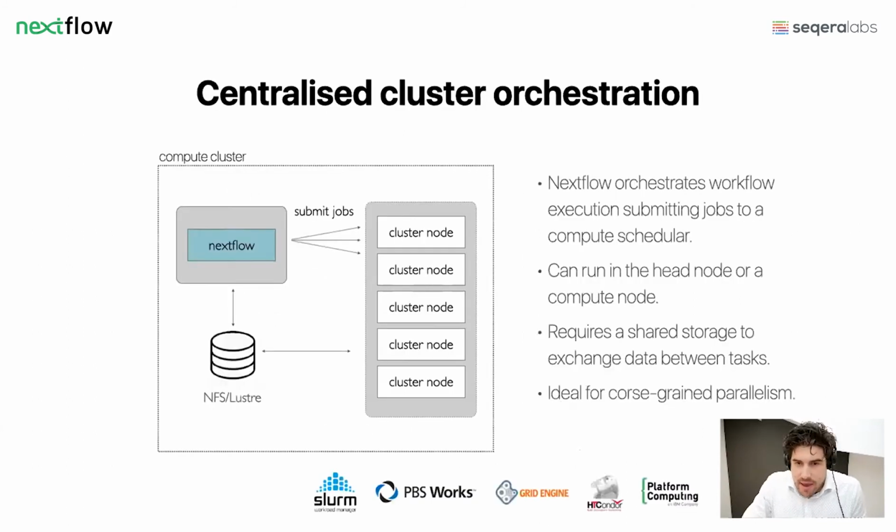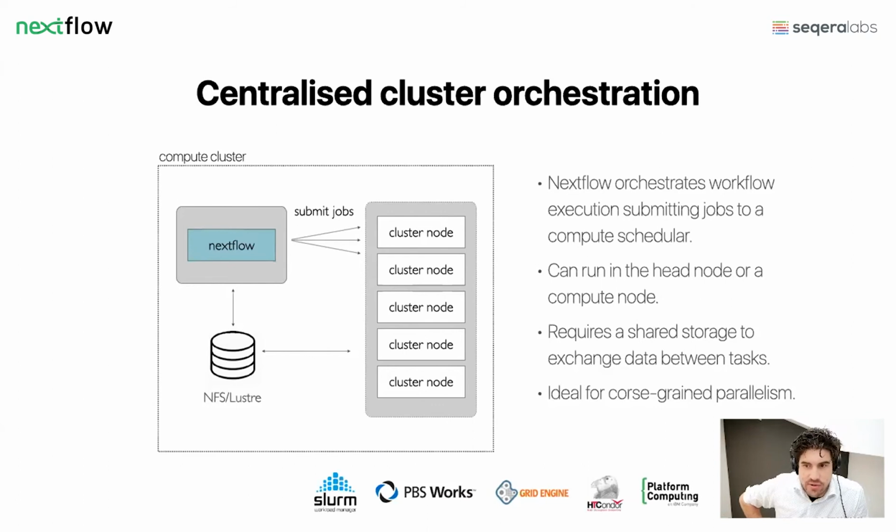The main usage for Nextflow in terms of going out is in what we call centralized cluster orchestration mode. Here, Nextflow submits each task to the cluster, so it becomes a Slurm job or an LSF job. Nextflow will take the requirements for that job, memory, CPU, queue, whatever, and convert them into that task, so it's able to interact with the cluster in that way.